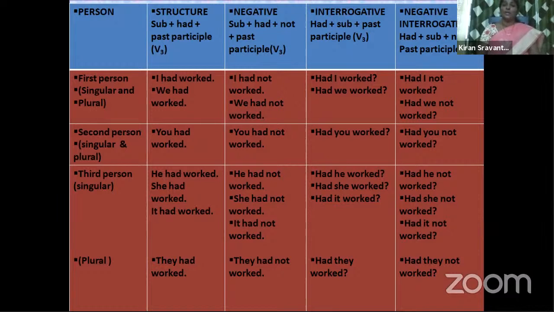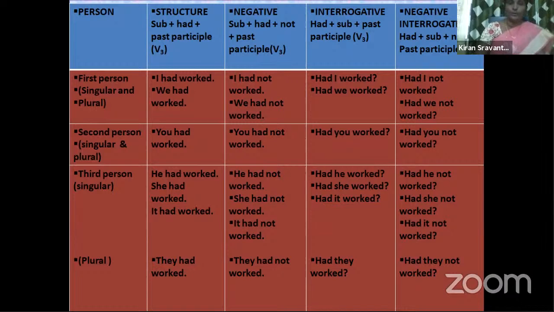Had they worked? And coming to the negative interrogative: had I not worked, or hadn't I worked? Hadn't we worked? Hadn't you worked? Hadn't he worked? Hadn't she worked? Hadn't it worked? Hadn't they worked? So that is how we frame the affirmative sentence, the negative sentence, the interrogative sentence, and the negative interrogative sentence.